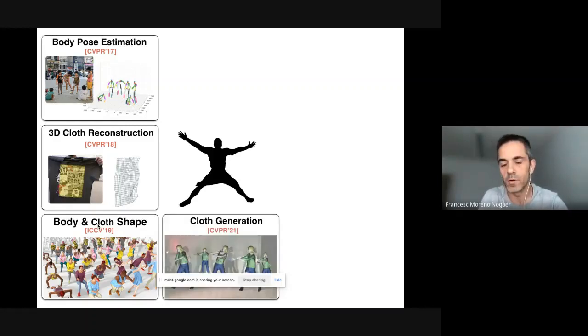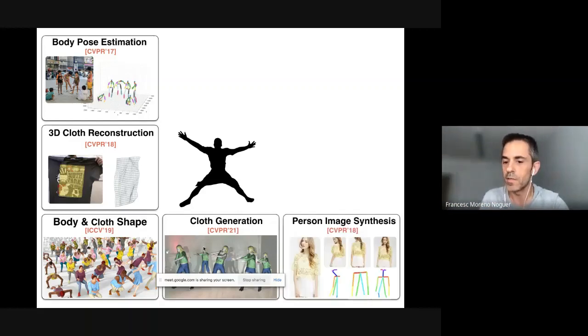Later, Alberto Pumarola has a specific session on generative models, and he will probably talk in detail about these works. So here, I'll start with this clothes generation, a method that allows you to generate different types of clothes just by changing some parameters. We can change the geometry of the clothes. Here, a method for generating new images of a person.